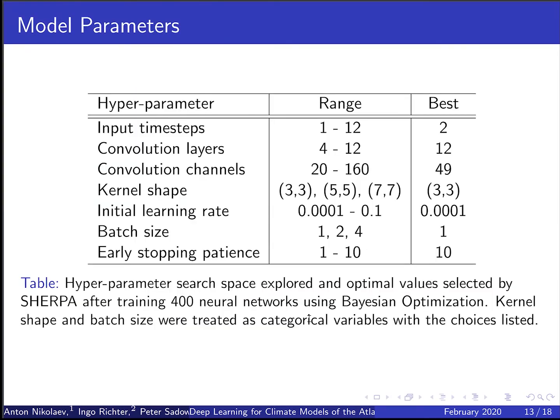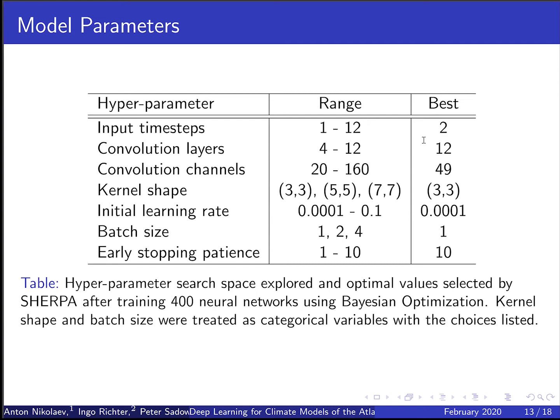And here are the hyperparameters that we went over, like the number of input time steps. The interesting thing is that it almost doesn't use a lot of time steps, so it's almost working as damped persistence in the sense that it disregards most of the historical information.